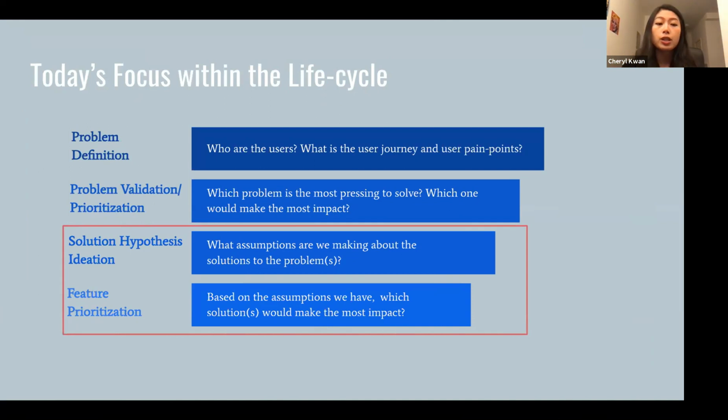And then for what we're focusing on today, it's going to be on the latter, which are what are we assuming to be true in order to solve the problems that we need to, and if we have scoped out the solution we want, which ones are going to make the most impact? And then, of course, the rest of the life cycle doesn't end there. There's also the execution of after you do prioritization, you're actually executing and implementing the solution.